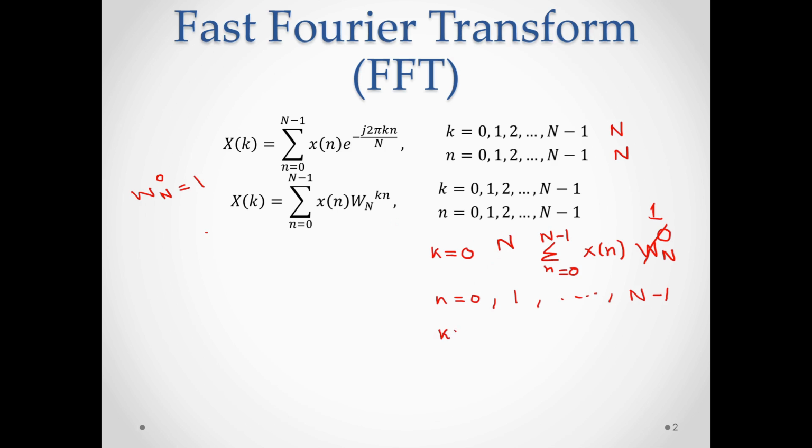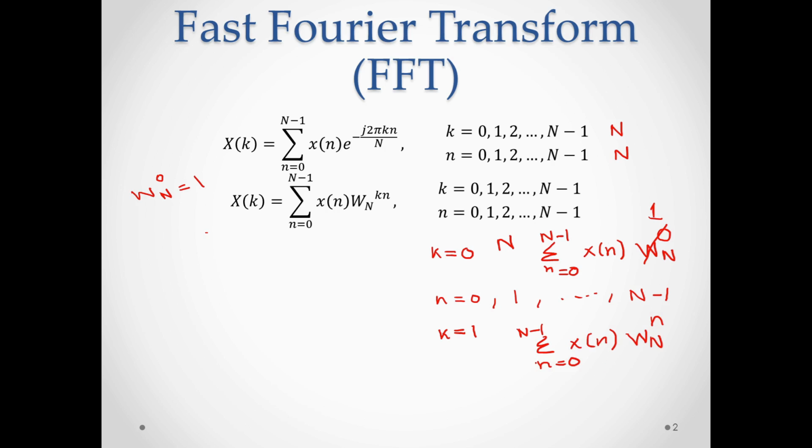Similarly, when k would be equal to 1, our formula would change to the sum from n equal to 0 to N minus 1 of x of n, Wn to the power of small n.